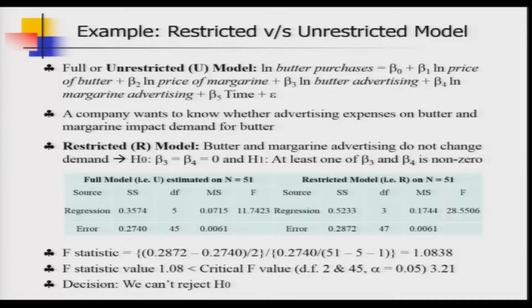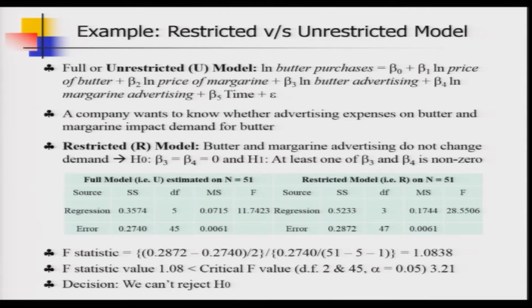Now, we are going to look at this restricted versus unrestricted model case, and how the F test is going to help us resolve this fight between restricted and unrestricted model through an example. So, in this slide I am going to talk about the restricted versus unrestricted model case from one demand function story.